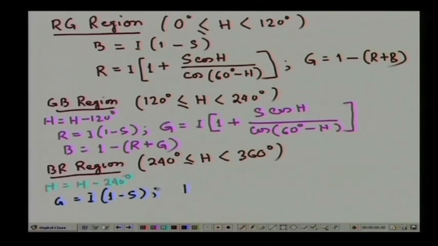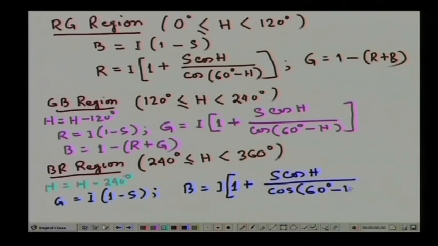The blue component is given by I into (1 plus S cosine H divided by cosine (60 degree minus H)), and obviously the R component is given by 1 minus (G plus B).